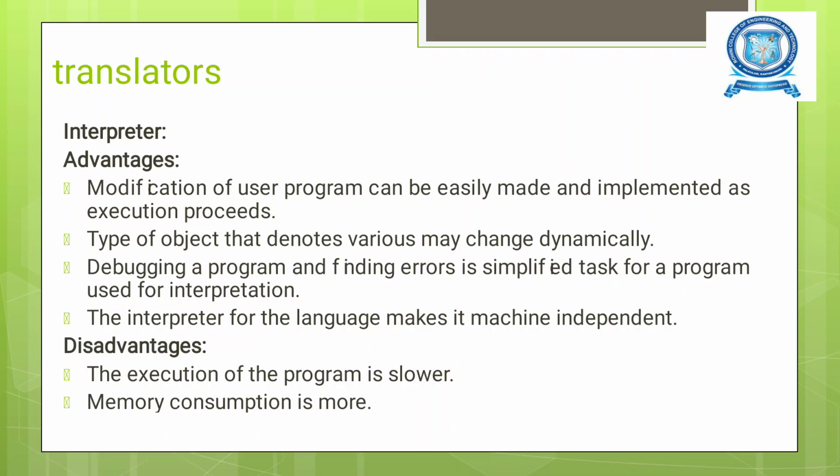Memory consumption is more, because in the step-by-step compilation it takes more time, so the execution time increases. At the same time, each individual process stores temporary values in memory, so the memory occupation is also high. But error handling and the debugging process are much easier compared to the other translation processes.